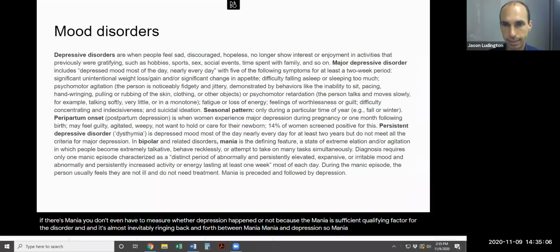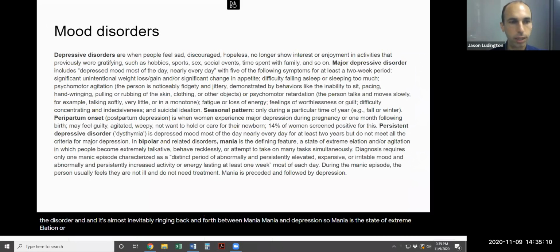So mania is the state of extreme elation or agitation. Elation means happiness, whereas agitation is discomfort with unusually high arousal.